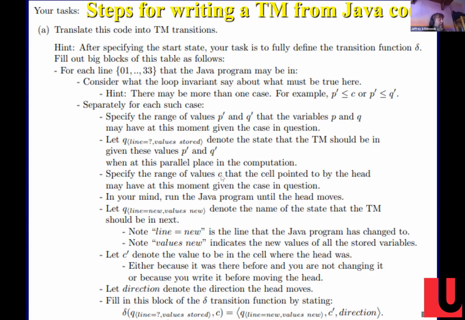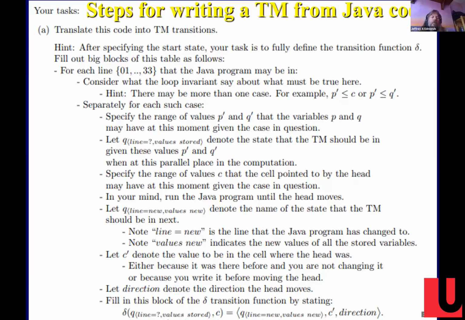Maybe I know that it's between this range and this range, or maybe it's a blank, or maybe I know that it's bigger than P prime. Because I'm at this line and I'm doing a particular case, I know something about the range of C's. So write down what values C might have.